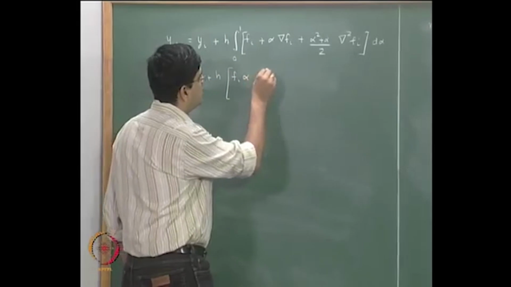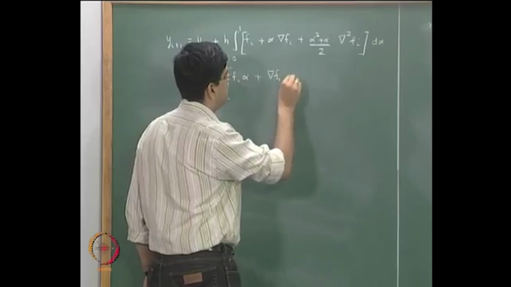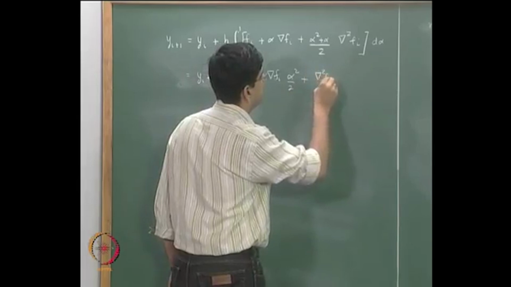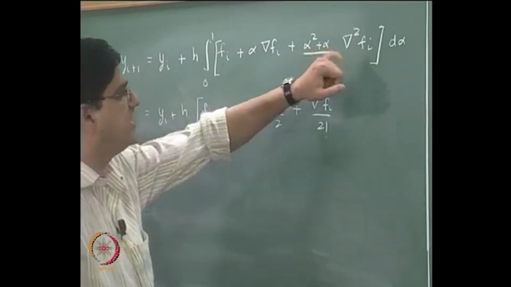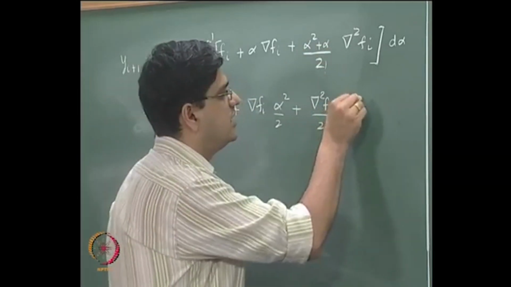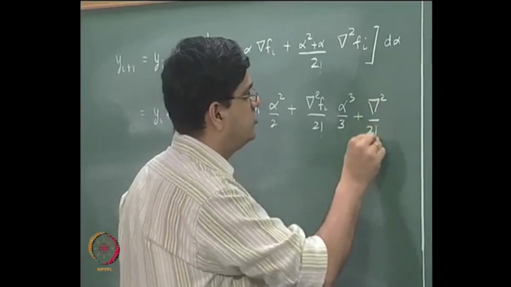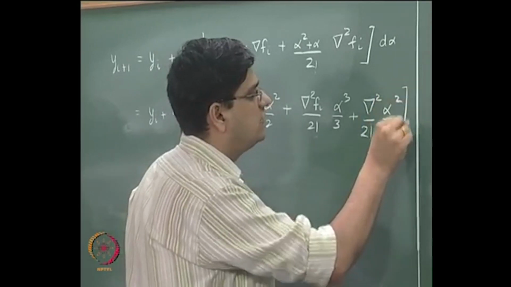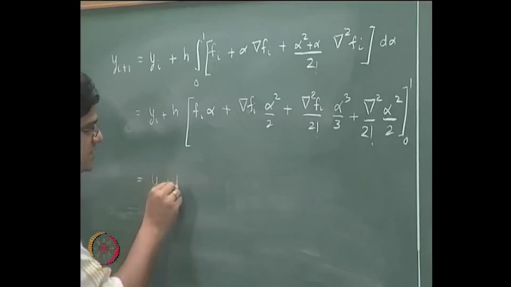plus del fi alpha square by 2 plus del square fi by 2 factorial multiplied by integral of alpha square d alpha, that is going to be alpha cube by 3 plus del square by 2 factorial alpha square by 2, alpha going from 0 to 1, okay, and that we will be able to write as yi plus h.